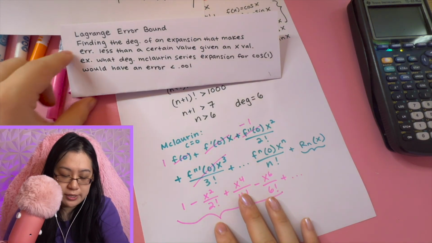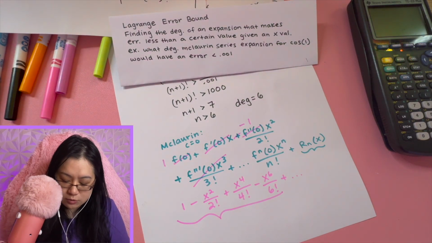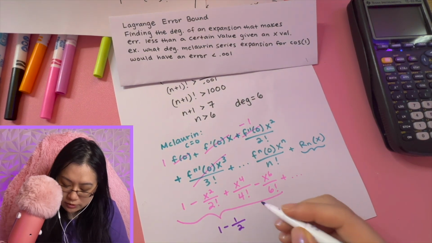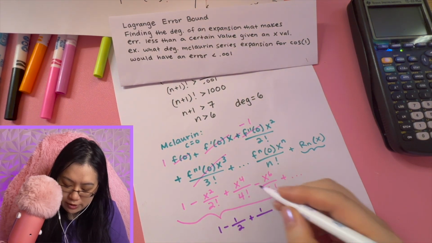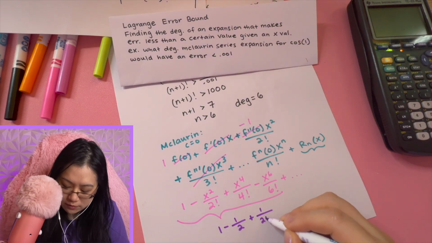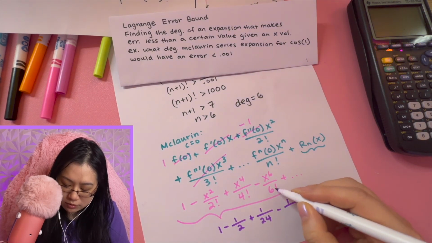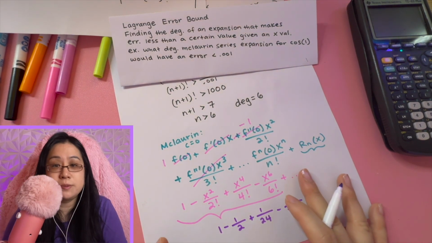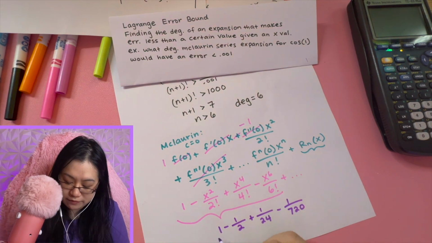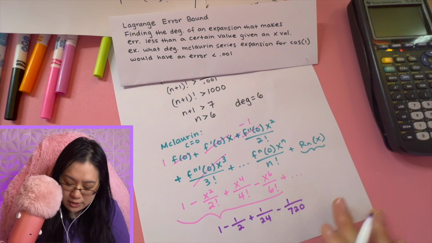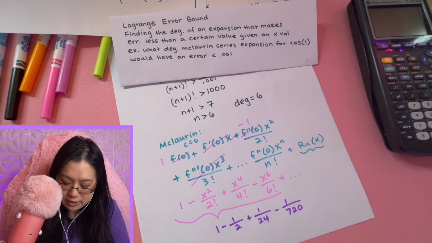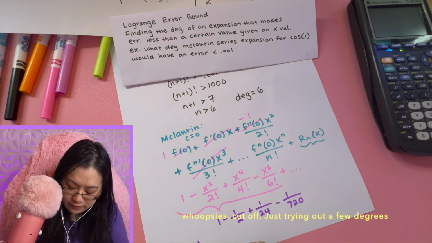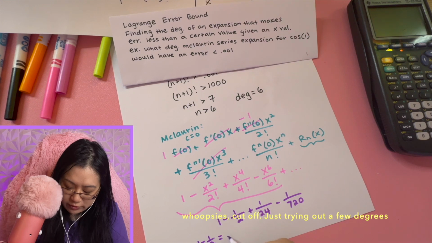Remember that we are doing x is 1, so in this case we would estimate with 1 over 2 factorial, which is 2, plus 1 over 4 factorial, which is 24, minus 1 over 6 factorial, what do we say that was, 720, right? So for instance, if we were to do just the first one, obviously it's not 1 for cosine 1, but if you were to do degree 2, you would have 1 minus 1/2, which is 0.5.